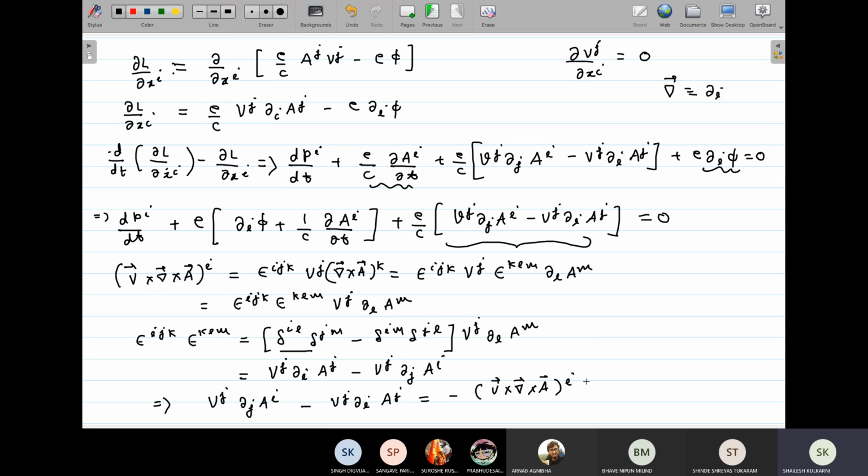But what is ∇ cross A? Now you use the following expression: B equal to ∇ cross A, the known expression for B in terms of A, and E in terms of A and phi. And what is E? E is, I hope you know this, minus the gradient of phi minus 1 over C ∂A by ∂T.